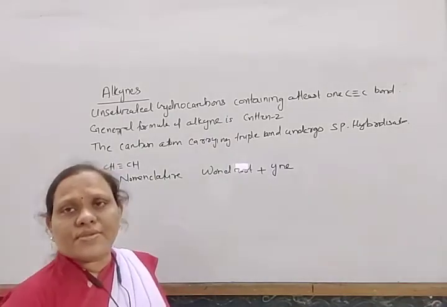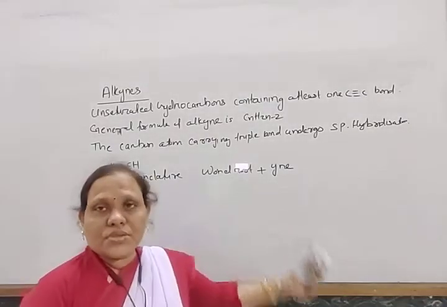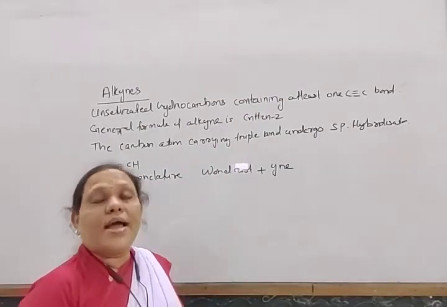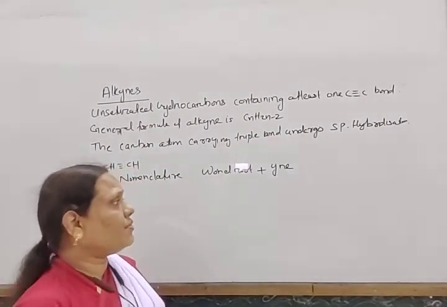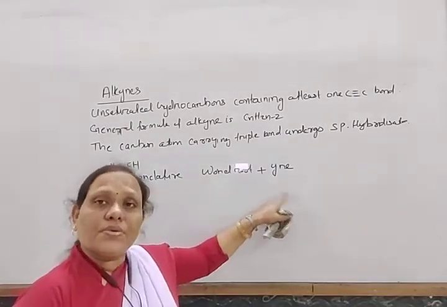Up to 3 carbon atoms, there is no need to write the position of the triple bond. And if more carbon atoms are there, then you have to write the position.